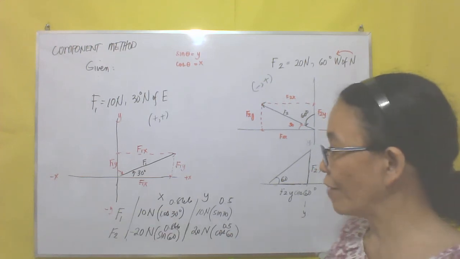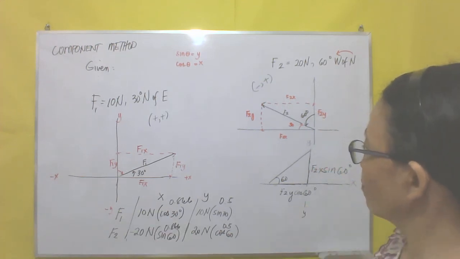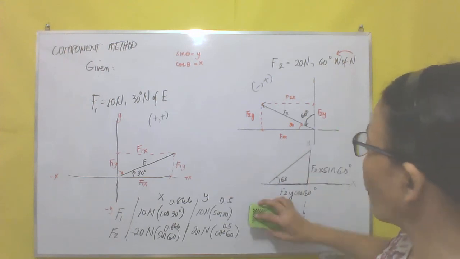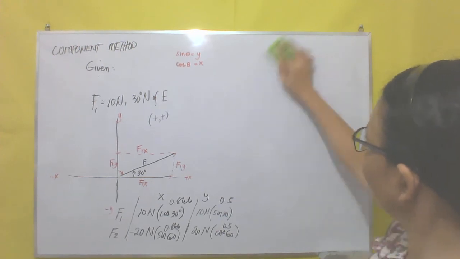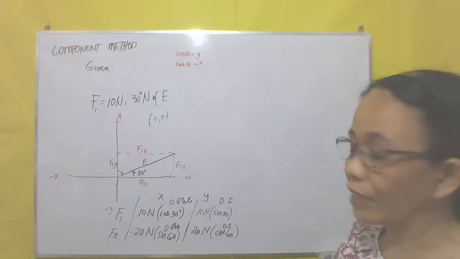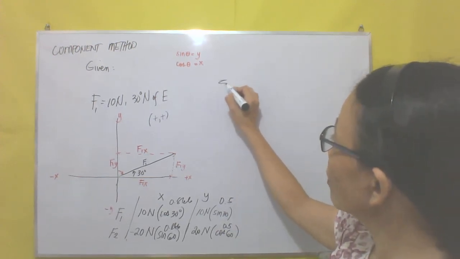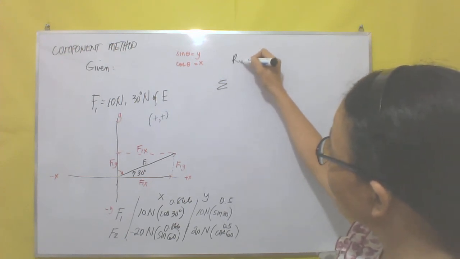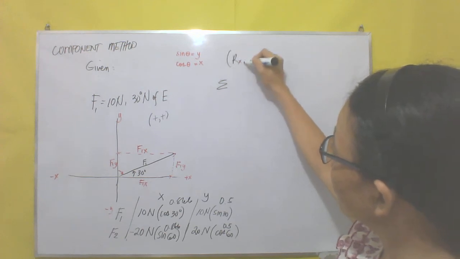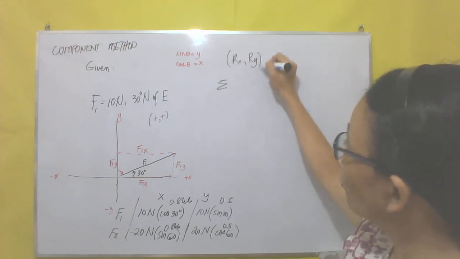So this time, find the resultant of these vectors. To solve for the resultant, we have summation, so we have the resultant along x, then the resultant along y.